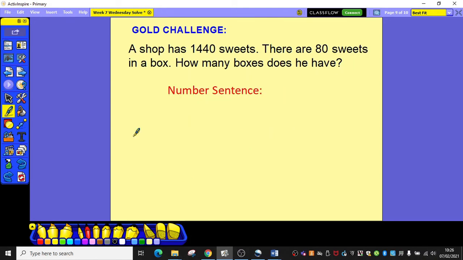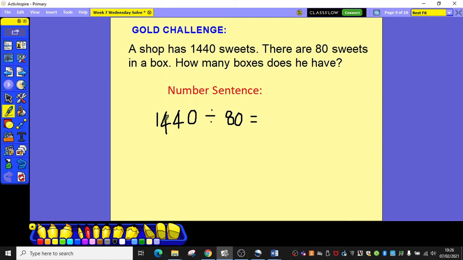Now, I wonder how good your memory is from yesterday. If I've got 1,440 sweets and I am sharing them into 80 sweets per box, then this is my number sentence. But some of us aren't so confident at counting in 80s.